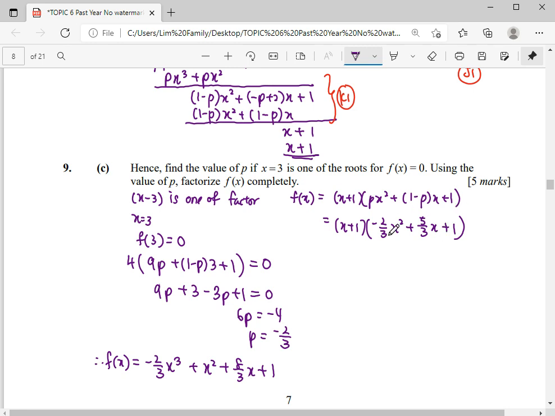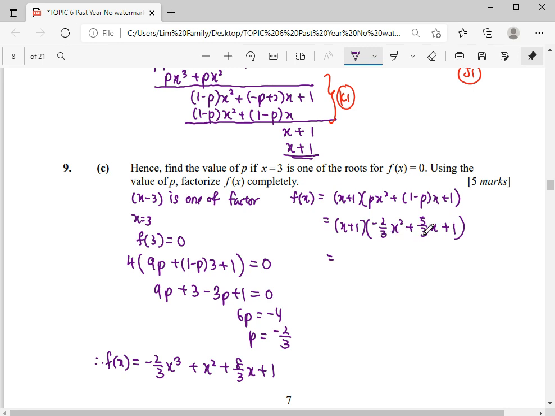To factorize it completely, we can see a quadratic here. We can take out the fraction.